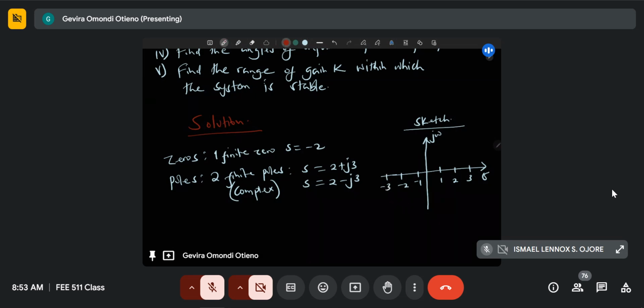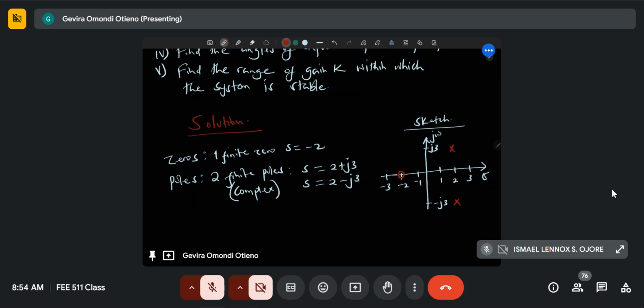So at -2, we have a zero. Then let's say this is the point J3, and of course you have -J3. So we have a pole at 2 plus J3. So there's a pole here and another conjugate pole there, like that.